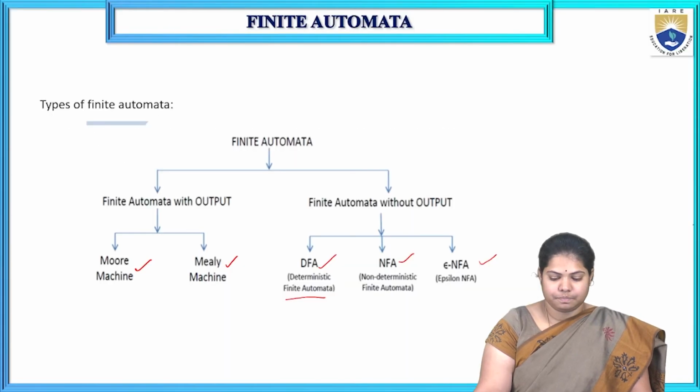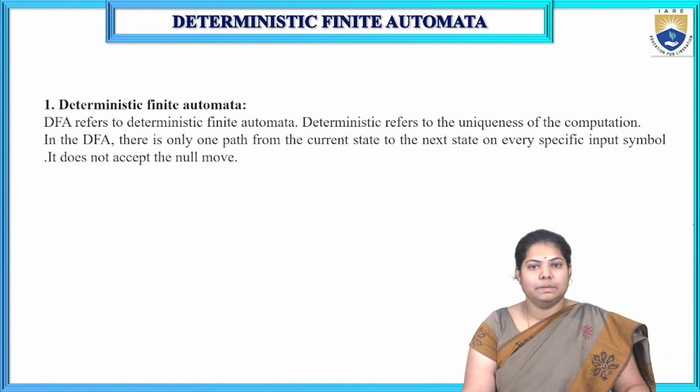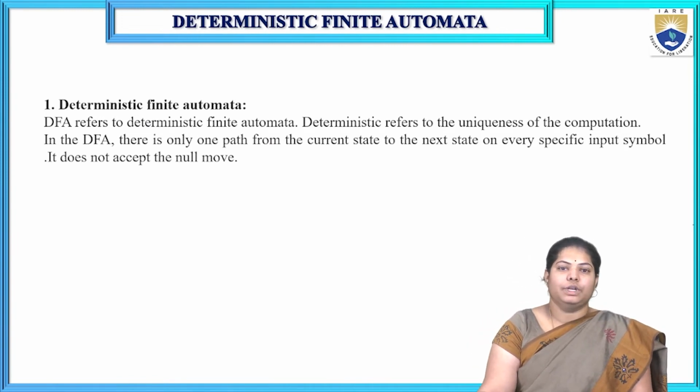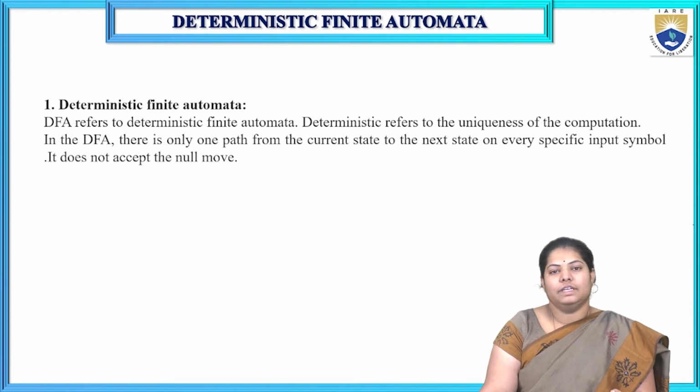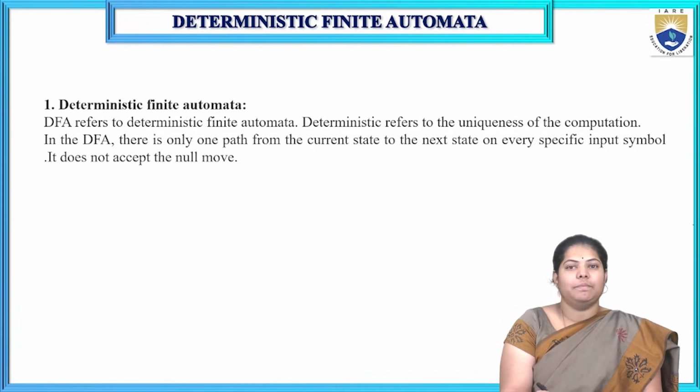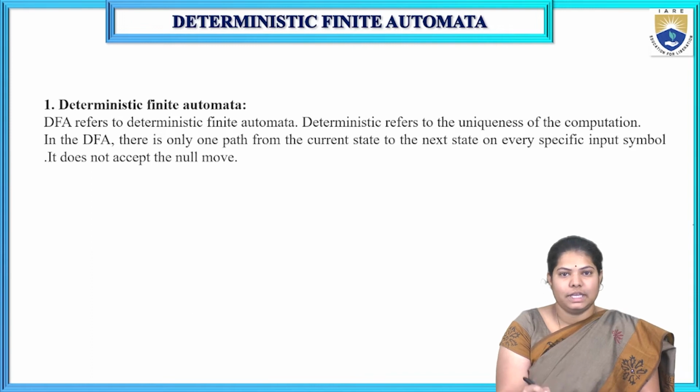So what is a deterministic finite automata? It is the uniqueness of the computations. We have already learned how finite automata work, but this deterministic finite automata has its own uniqueness: there is only one path from the current state to the next state.